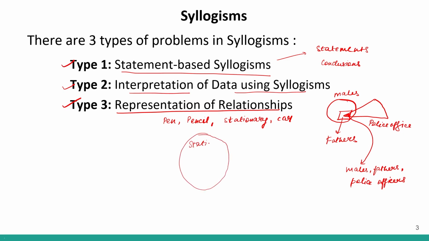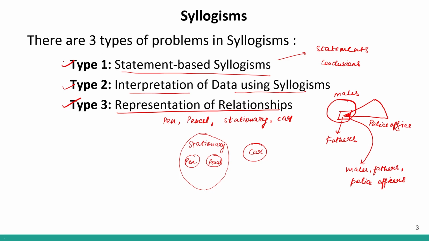Under stationery, we can have different types of stationery: pens, pencils, notebooks, erasers, sharpeners, all that. So pen and pencil will come in stationery, and car is altogether a separate entity. It is a different object. Using this Venn diagram, I will reflect the relationship between stationery, pen, pencil and car. So this was type 3, representation of relationships. We discussed this in the previous lecture.